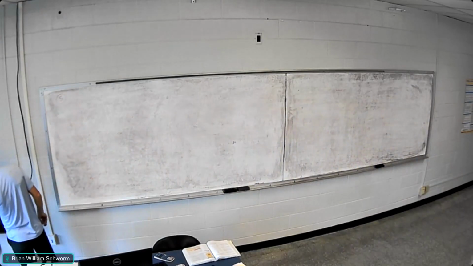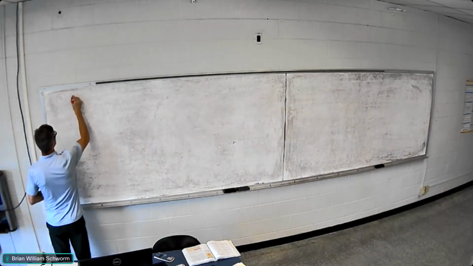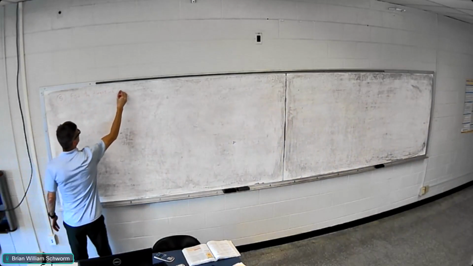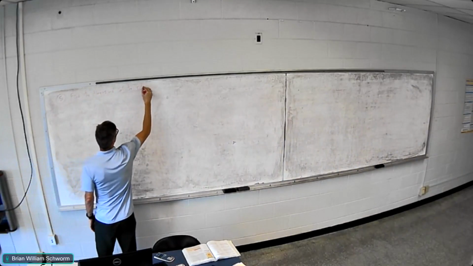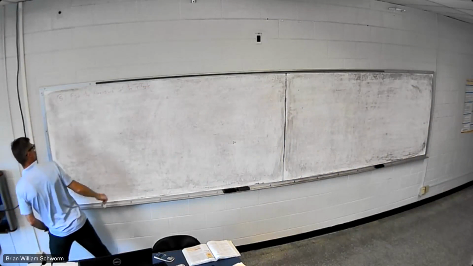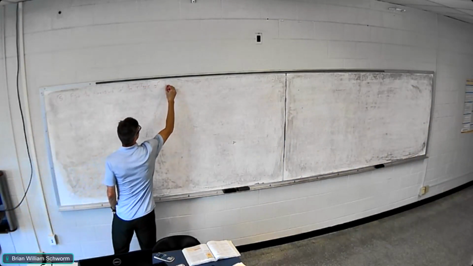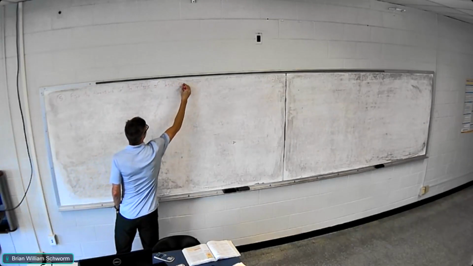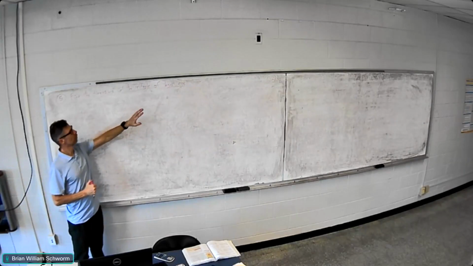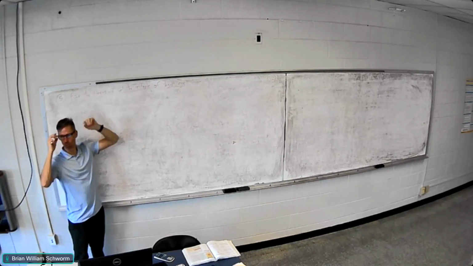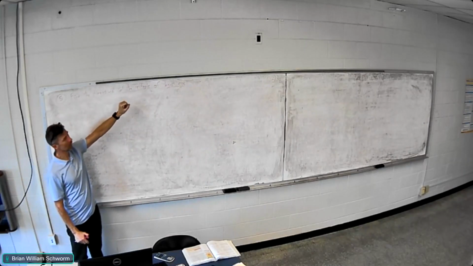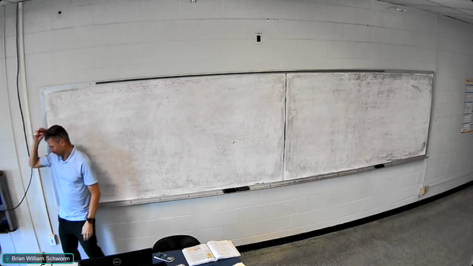Number 5 says, find the dimensions of the rectangle of largest area. So right there, they're telling me I'm going to have to set up a formula for the area, and I'm going to try to find the maximum area. So I'm going to have to find a formula for area, find the critical numbers, test, and find the maximum.